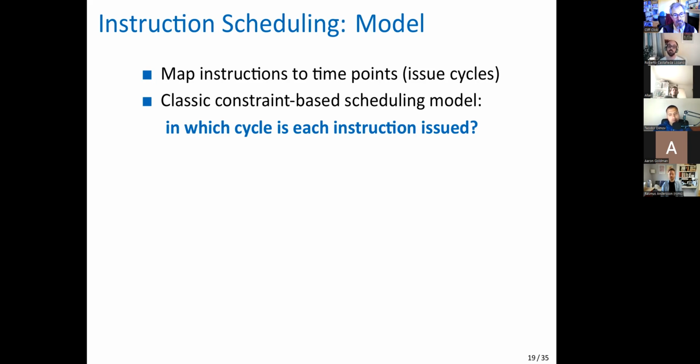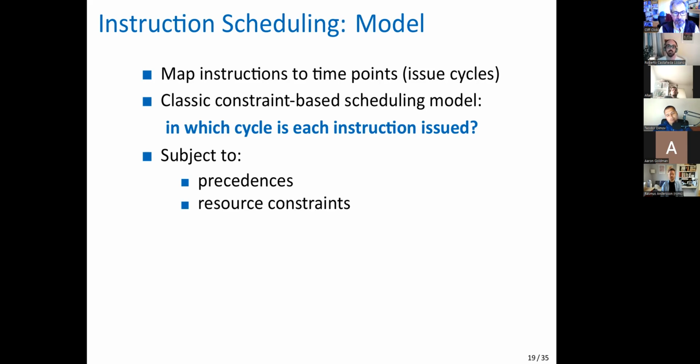Basically, what you do here is that you define a variable for each instruction that tells you the cycle in which the instruction is scheduled. And then you add some constraints: whenever you have a data precedence, this constrains the relative schedule of the definer and user. And then we have resource constraints, modeling things like functional units.